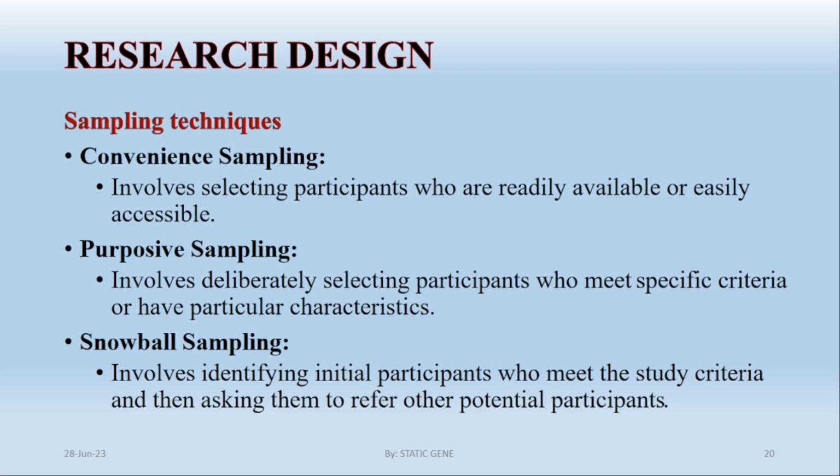Then there is snowball sampling. In snowball sampling, you identify initial participants who meet your study criteria, and then you ask them to refer other potential participants. This is common in scenarios where it is very hard to identify participants. In one of the projects I worked on with a client, we were trying to assess the impact of Facebook marketing on consumer purchase decisions for those within my country.